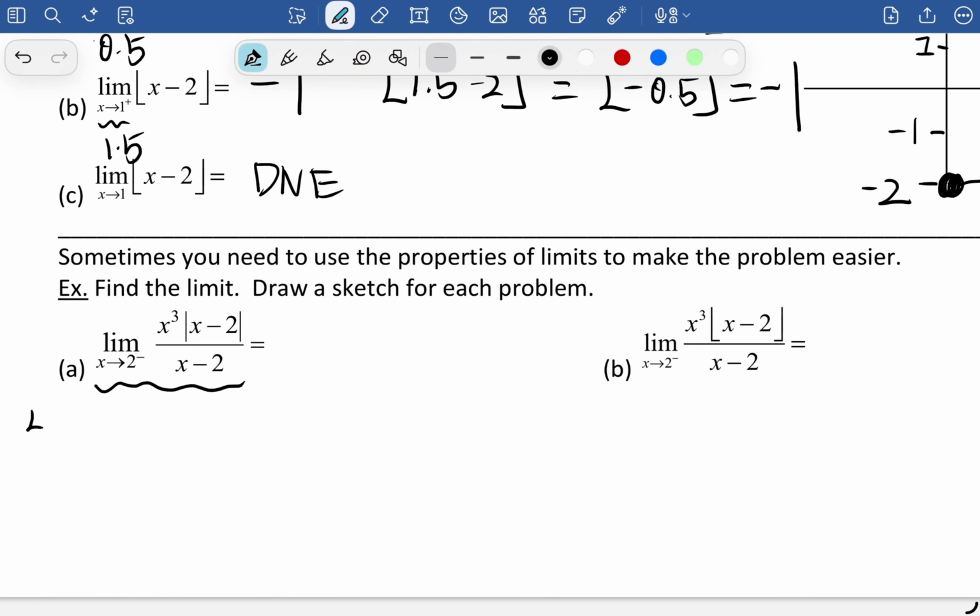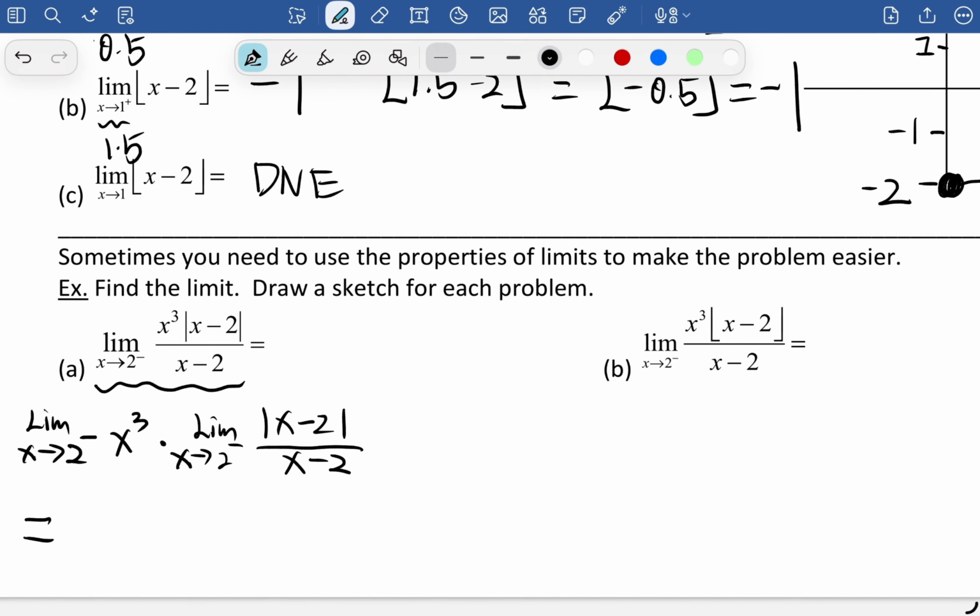So the whole thing can be split as the limit as x approaches 2 minus of x cubed, times the limit as x approaches 2 minus of the absolute value of x minus 2 divided by x minus 2. Don't forget the absolute value. We just have to split the whole expression into functions with limits that we are familiar with.